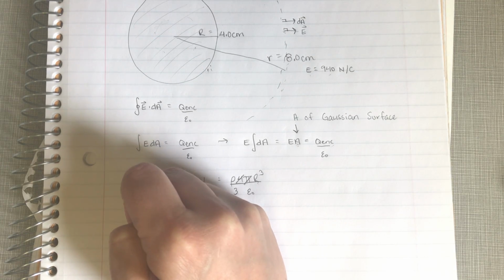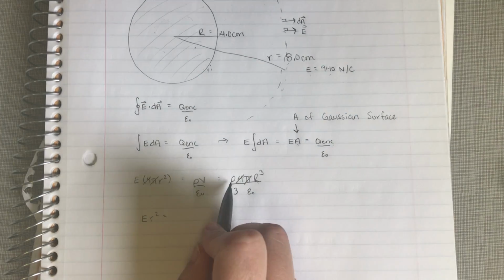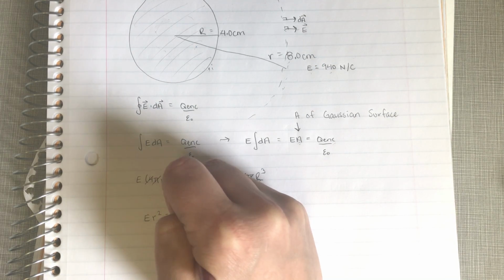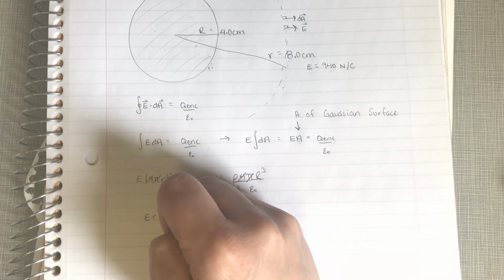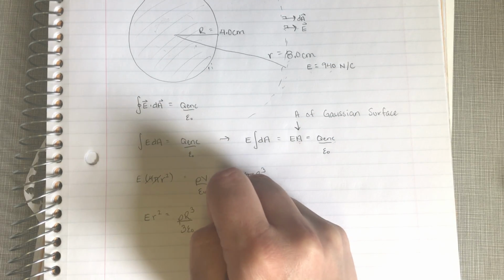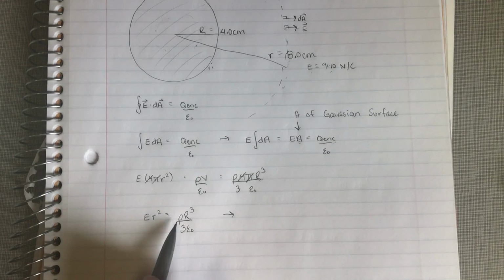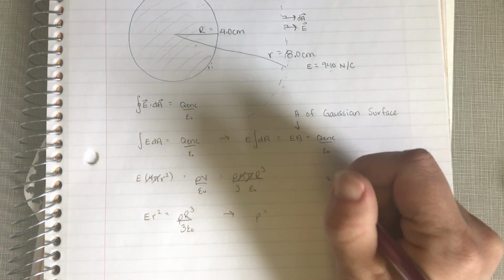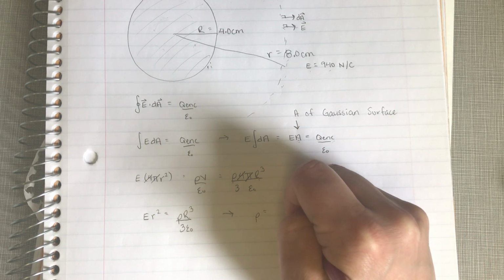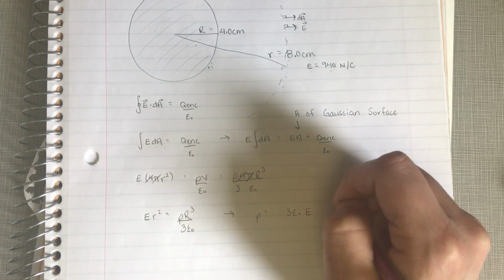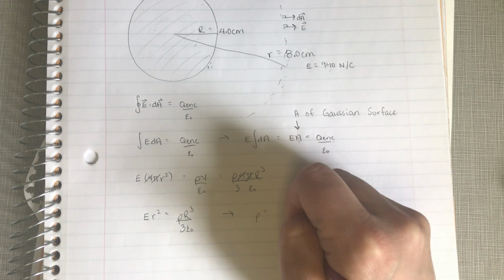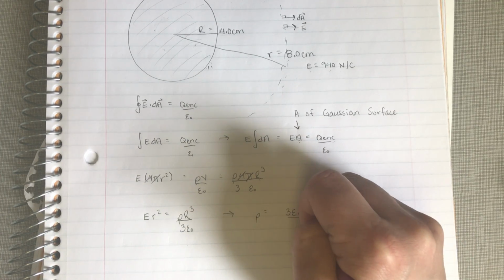So E times little r squared equals rho big R cubed over 3 epsilon 0. Solving for rho equals 3 epsilon 0 E little r squared over big R cubed.